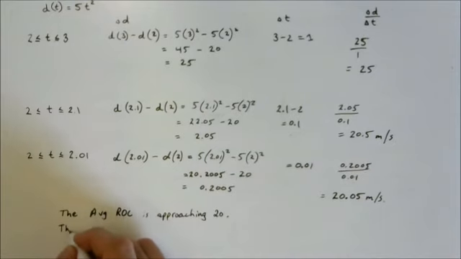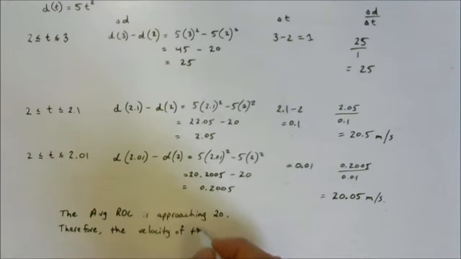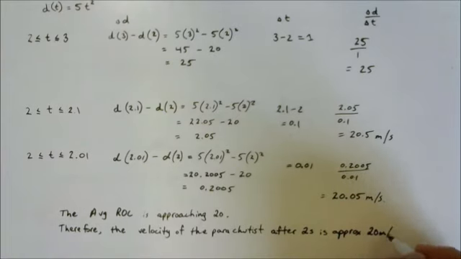Therefore, the velocity of the parachutist after 2 seconds is approximately 20 meters per second.